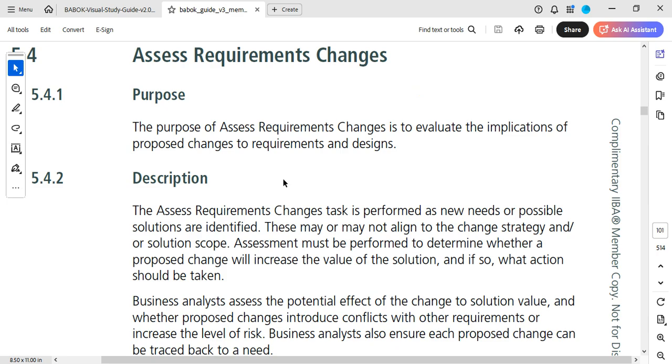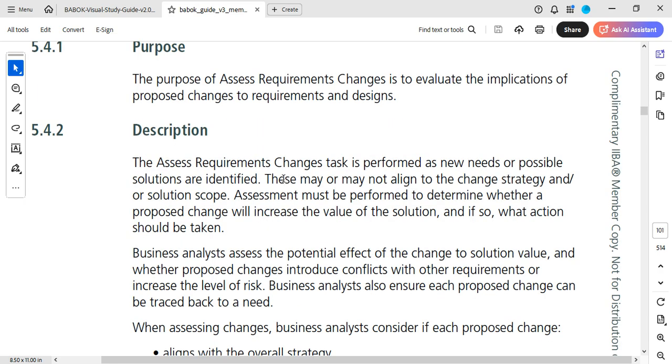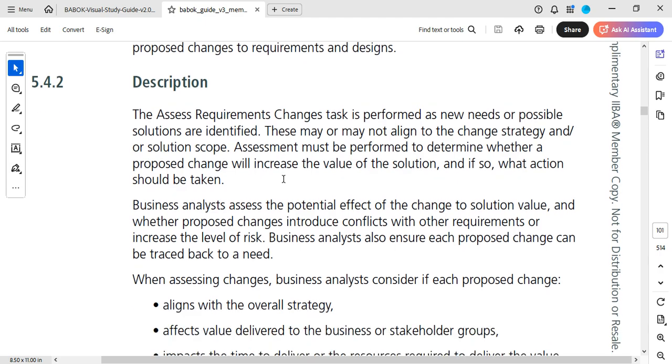So you are trying to evaluate the implications of proposed changes to requirements and designs. Maybe your stakeholders have come forward with some ideas, and you want to look at how this would impact what we are doing, in terms of the requirements and the designs. And these are proposed, remember.